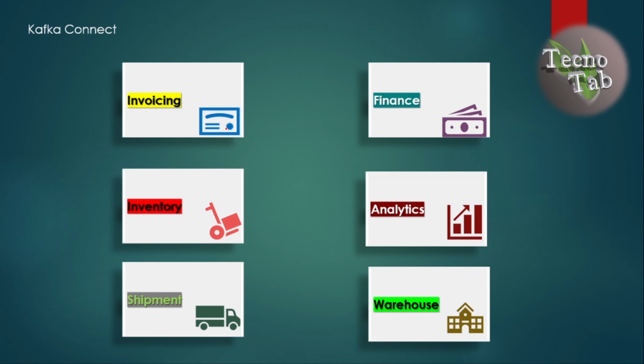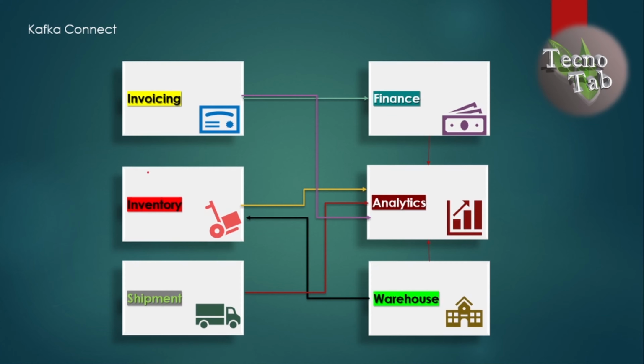For example, let's suppose that your invoicing system is a third party system and the finance system is what your organization has developed. So finance will be requiring the data from the invoicing system. Similarly, all these systems will be interconnected. The analytics will be requiring data from maybe all of your systems, right?